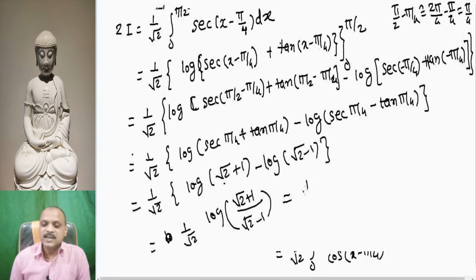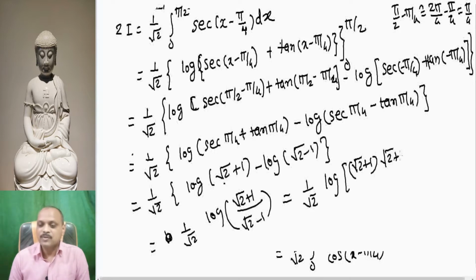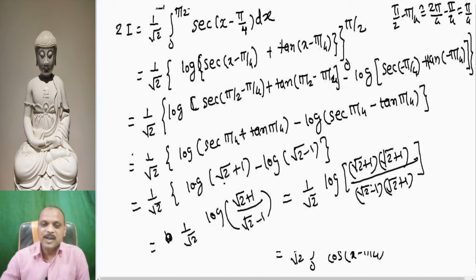Now if we rationalize this, 1 divided by under root of 2 into log of under root of 2 plus 1 into under root of 2 plus 1 divided by under root of 2 minus 1 into under root of 2 plus 1. Then in the denominator we have a minus b, a plus b, and that will be a square minus b square.